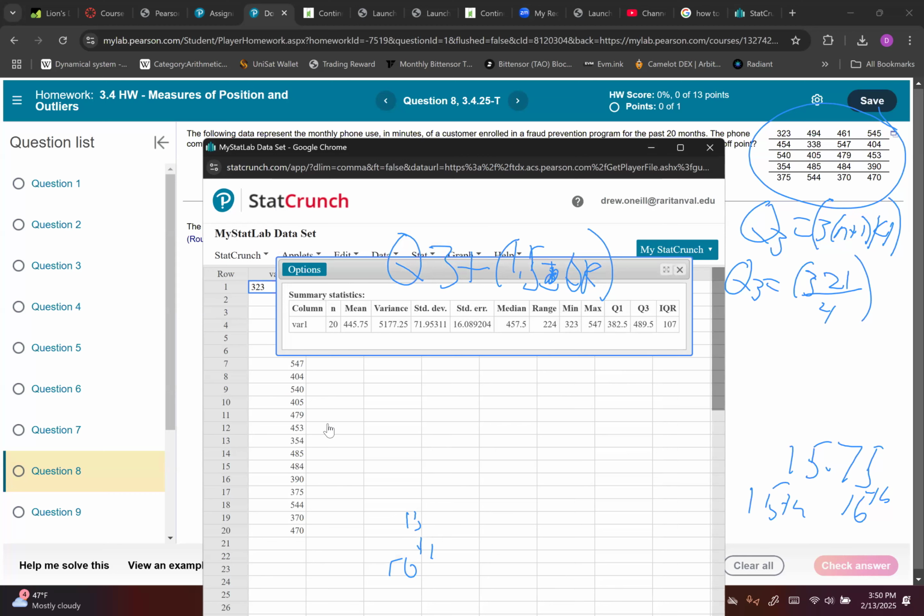So then once we know that, we come back here. We also have IQR, but this number, guys, is just calculated from Q3 minus Q1. I'll write Q1's formula in a second. But anyways, we do 489.5 plus 1.5 times the IQR, which is 107. So that means that anything above that is an outlier.